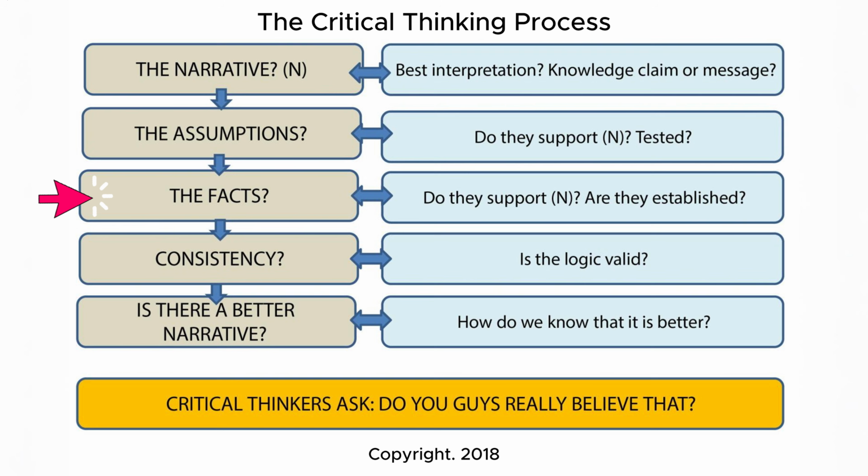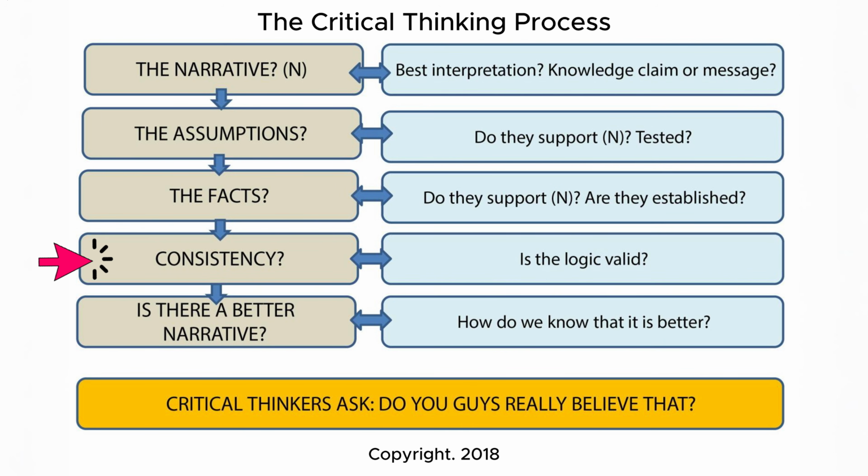The next question is to ask about the consistency of the narrative. Do all the parts of the narrative support each other from a logical point of view? Are the logical inferences valid? Does one part of the narrative deny another part of the narrative or contradict another part of the narrative?